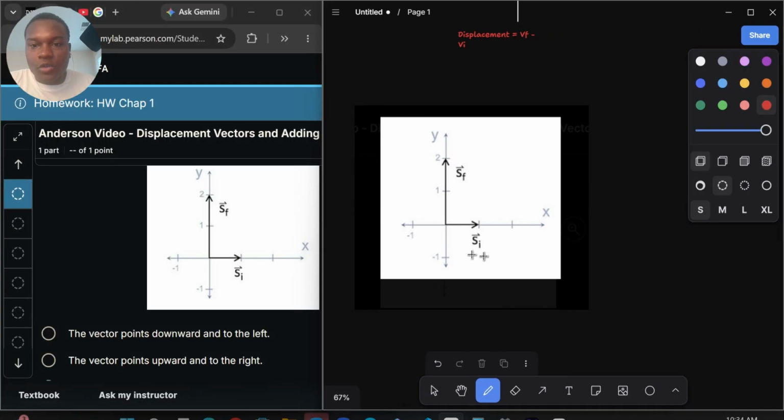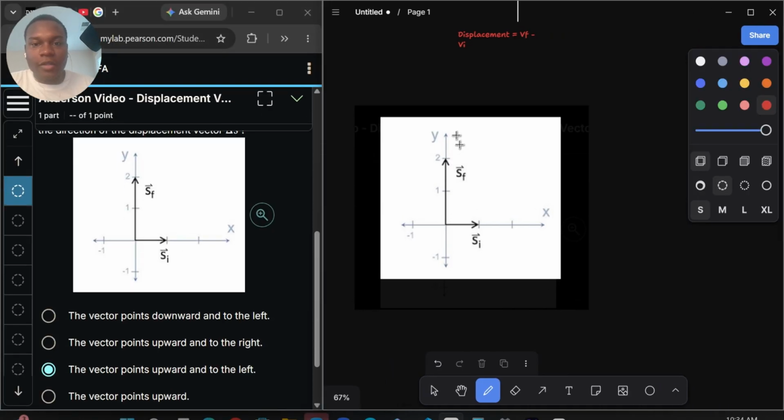This is the initial position of this vector. A vector is just a magnitude and a direction. Our vector SI here, initial position, and it goes to the endpoint at SF. This is our resultant vector here from connecting these two vectors.